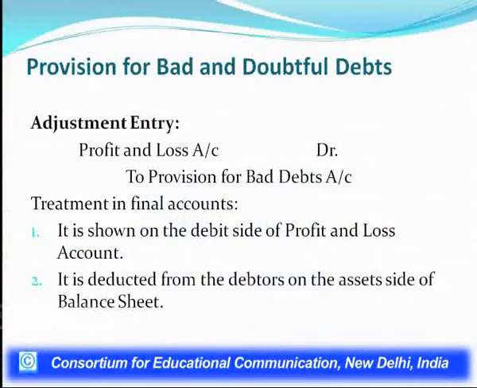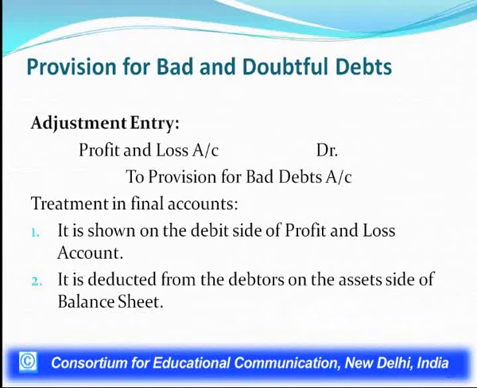Now the accounting treatment for provision for bad and doubtful debts, as it is a loss, we charge it on the debit side of profit and loss account. So we make the entry profit and loss account debit to provision for bad and doubtful debts. How to treat it in final accounts?